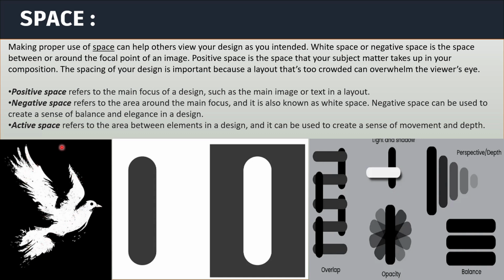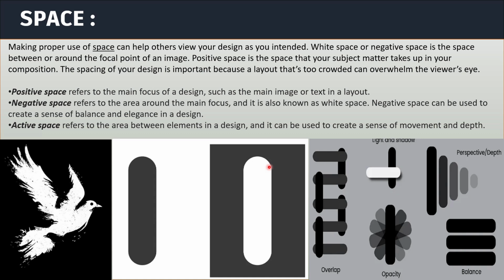Then we have negative space. It refers to the area around the main focus. It is also known as white space. This is your negative space. Negative space can be used to create a sense of balance and elegance in design, right?